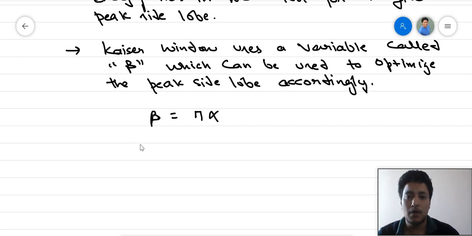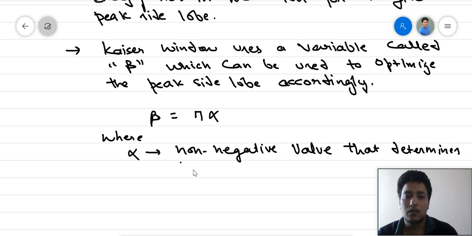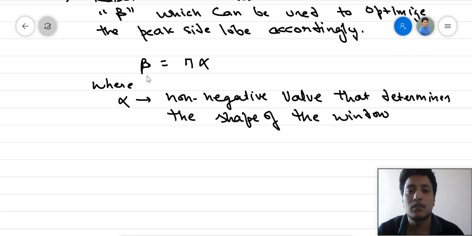We will use mostly the term beta, where this alpha is a non-negative value that determines the shape of the window. So either if you are using beta, or if you are using alpha, adjusting it will modify the shape of the window.